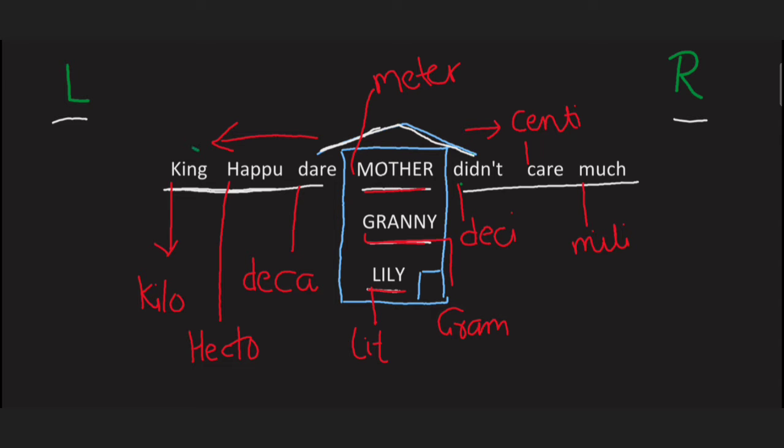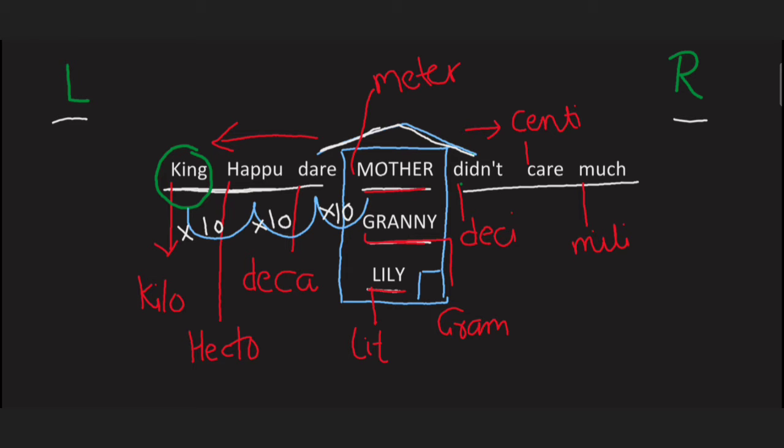Suppose the king wants to go and meet mother, then it is going to hop from king to Happu to dare to home, that is mother. That means 3 times it has jumped. So for each jump you are going to multiply by 10.